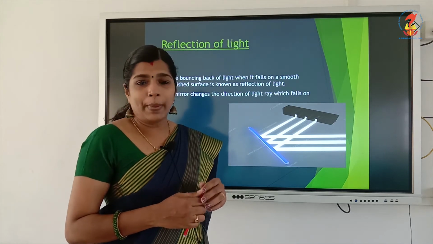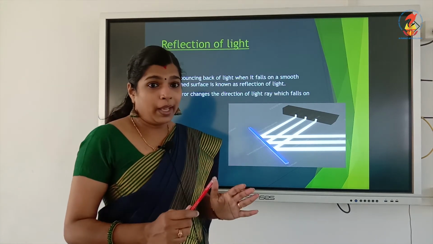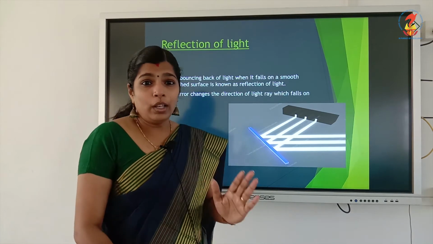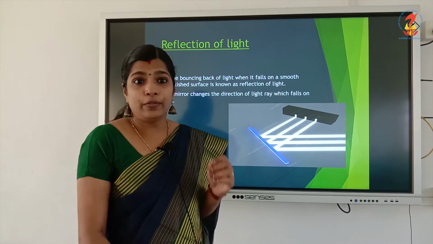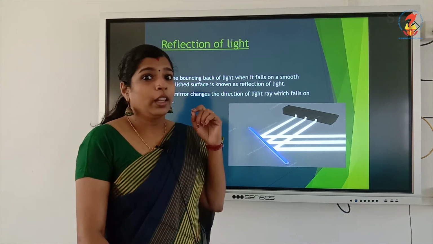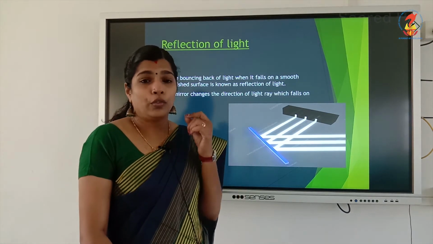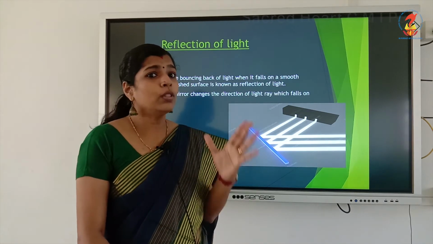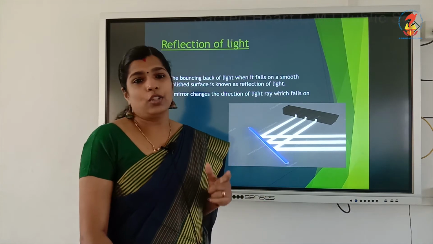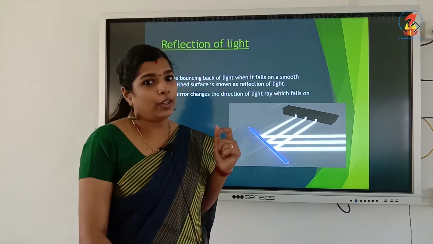The bouncing back of light from a highly polished smooth surface is known as reflection of light.